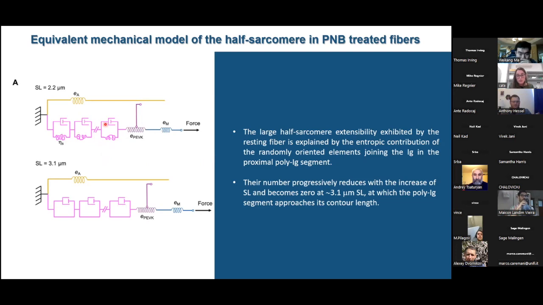The number of these elements that contribute to the half sarcomere extensibility is maximum at full overlap, but progressively reduces with the increase of the sarcomere length and becomes zero at sarcomere length 3.1 micrometer, at which we have reached the contour length of the proximal PEVK segment.